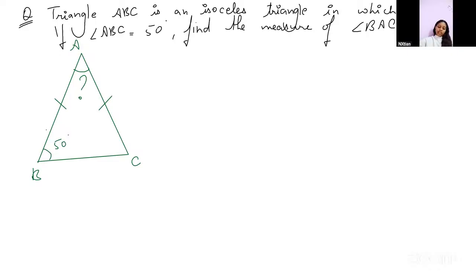It is 80 degree because if B is 50, C is also 50. We can write 50 plus 50 plus X is equal to 180 degree. 100 plus X is 180.